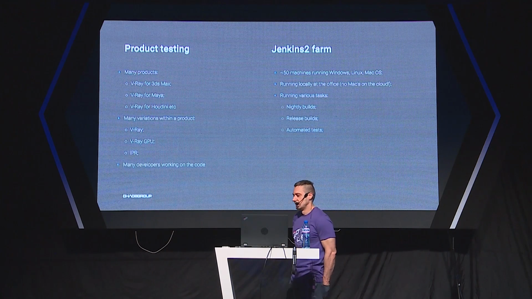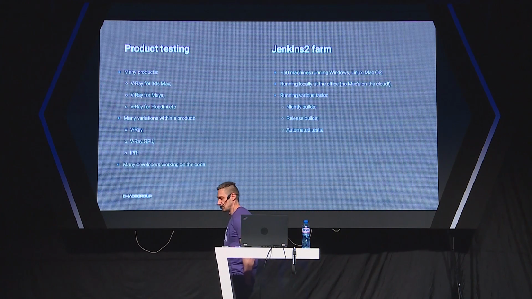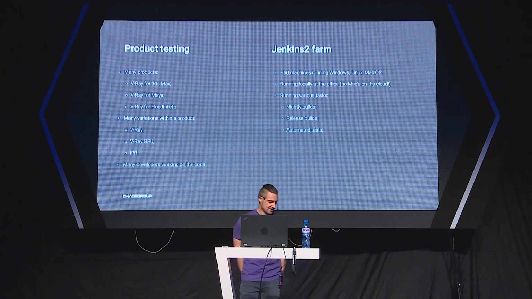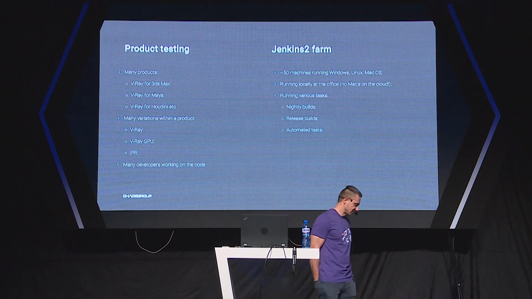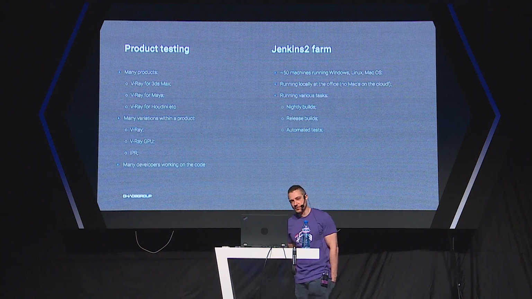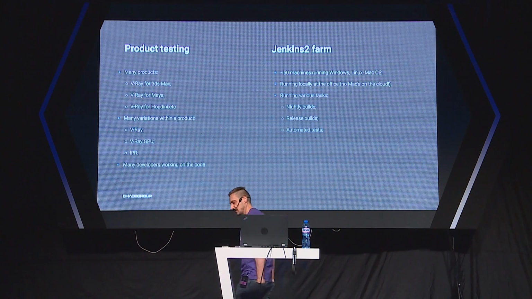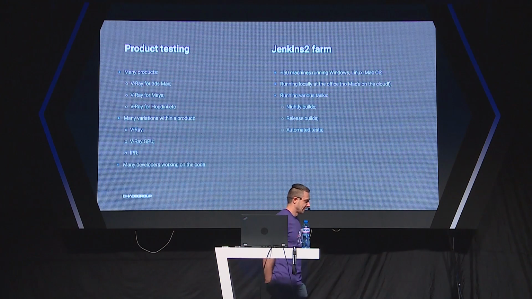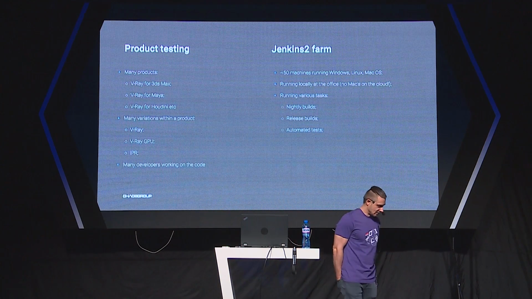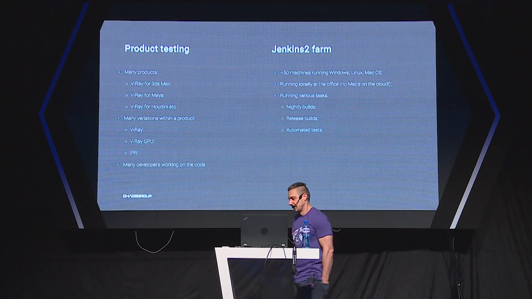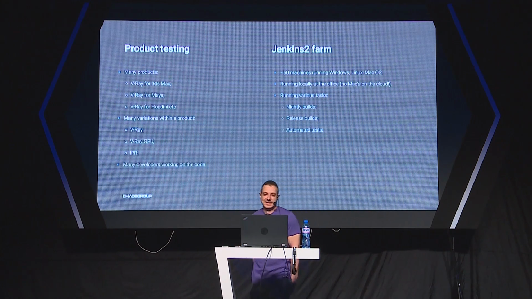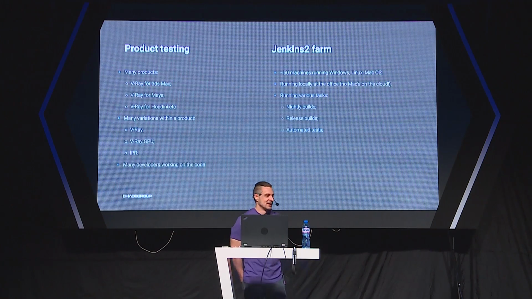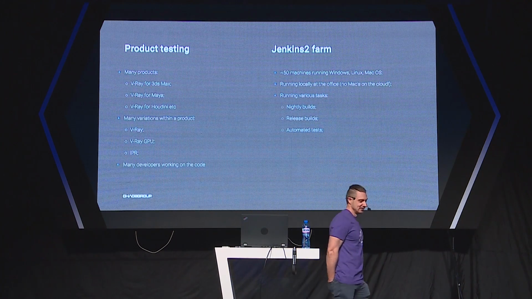And even within a single product, we have several ways to use the renderer. There's V-Ray, but there's also V-Ray GPU. We have production rendering, but we also have interactive rendering. And we have many developers working on the same piece of code. So it's very easy for things to break. And they break all the time in our nightly builds. That's why we don't recommend people to actually use them.